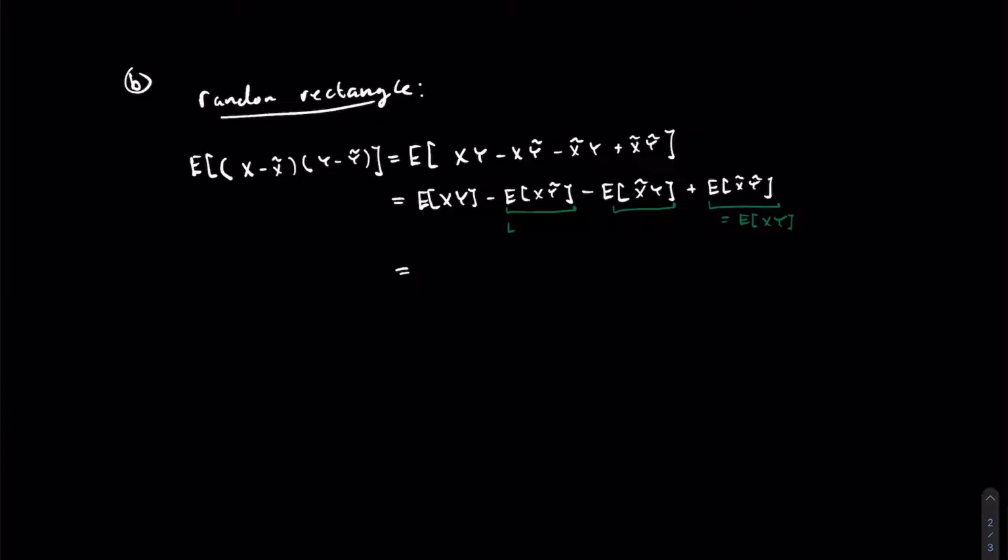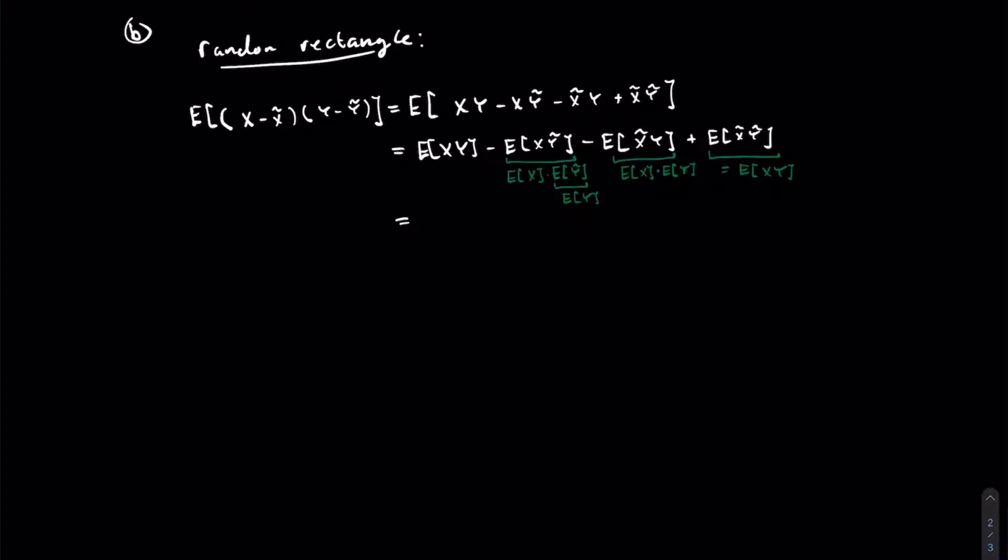So we have expectation of x, but again, well, let's just write x like so, x tilde, y tilde, and these terms here, the tilde ones, have the same distribution as y. So we can write this out like so. And with the same logic, we can say that this is the same as expectation of x, expectation of y.